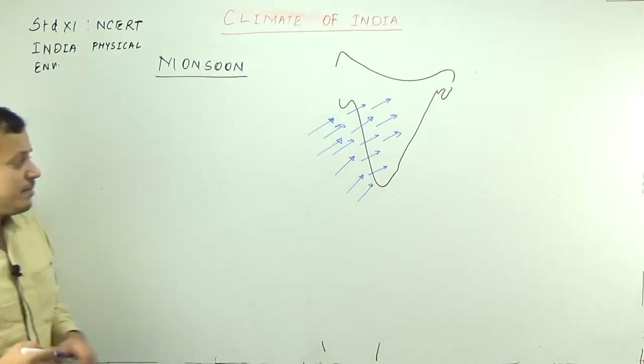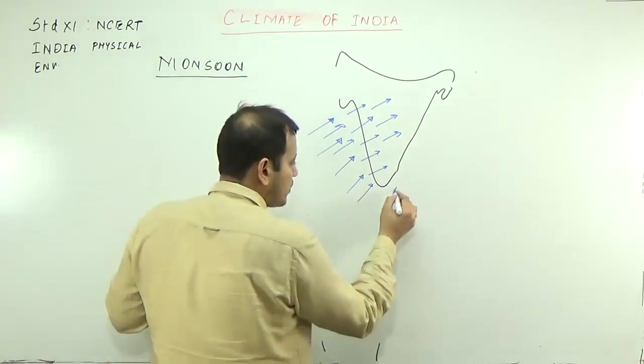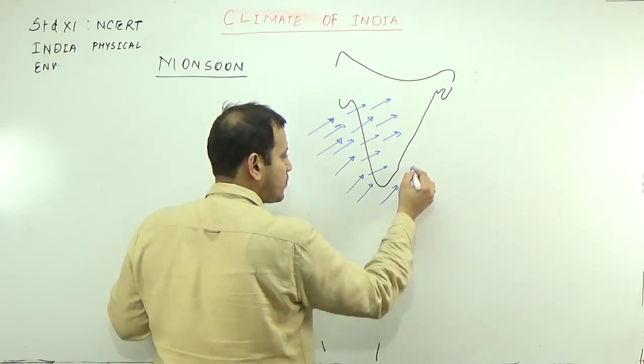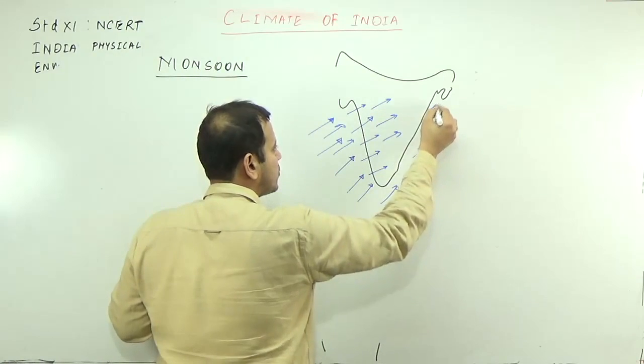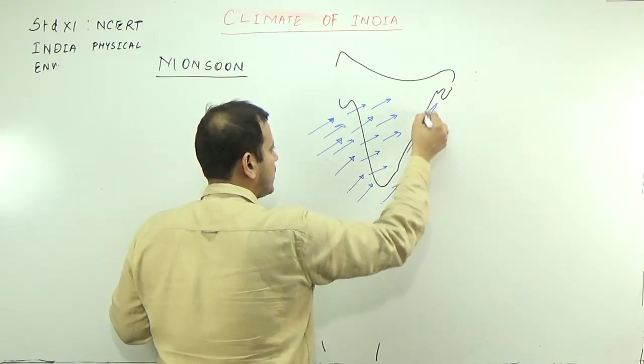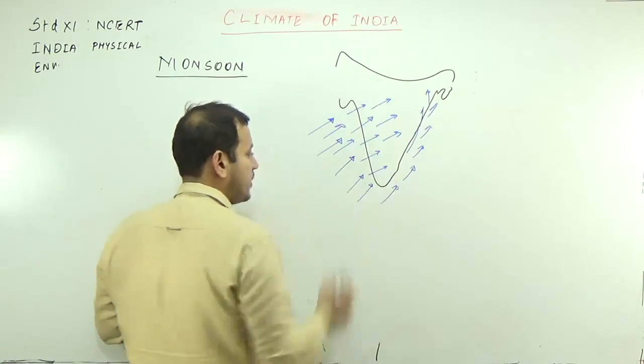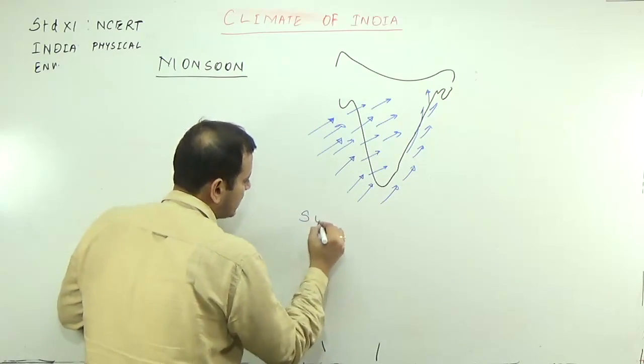At the same time, the southwest wind has two branches. One branch goes over the Arabian Sea, the other branch goes over the Bay of Bengal region, and gives rainfall to India. This is during the summer season.